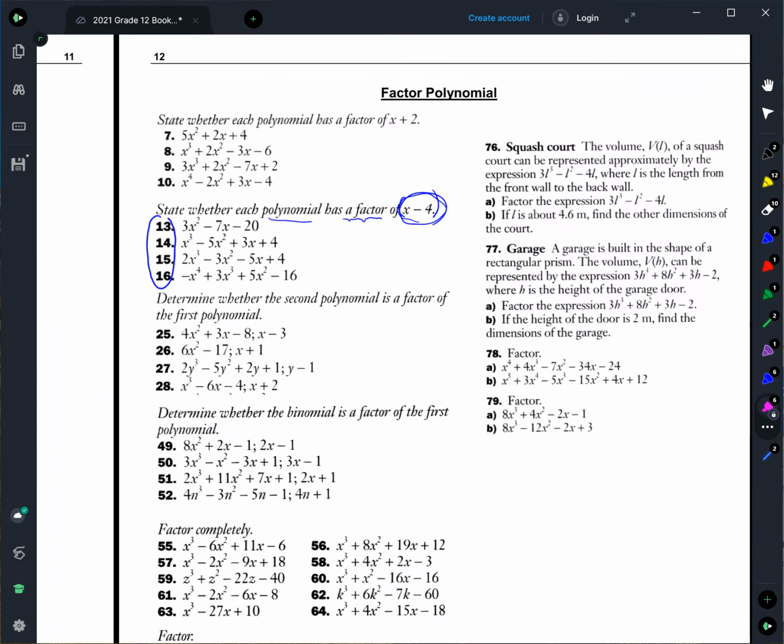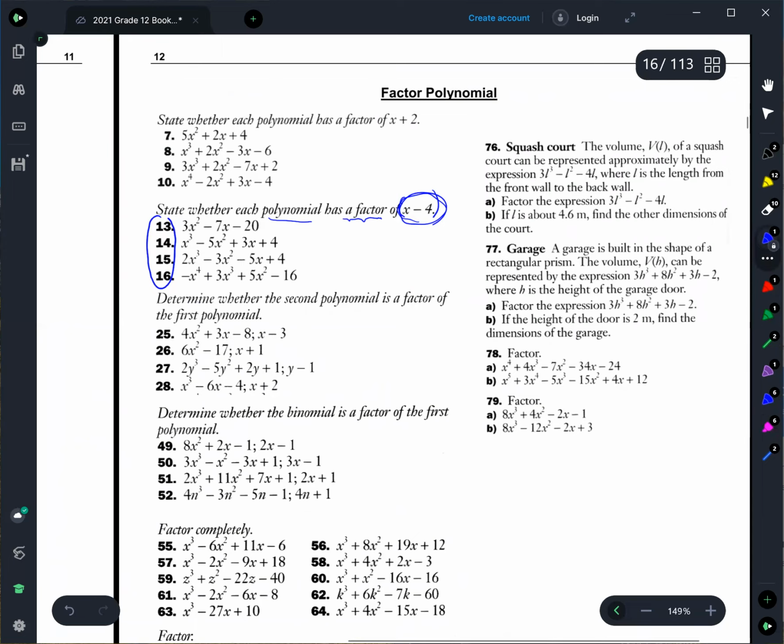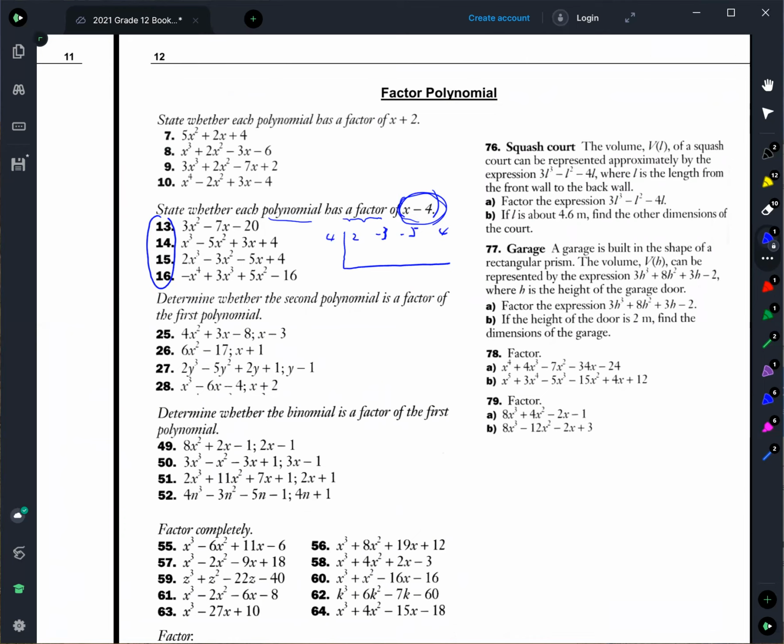So what's the trouble? I get a really weird answer, so I'm not sure if it's correct. Synthetic division? Yeah. Okay. So inside should be 2, -3, -5, and 4, right? Yeah. And then outside you put 4. Right? So drop down the 2, you get 8, and then 5. And then what do we put? 20.